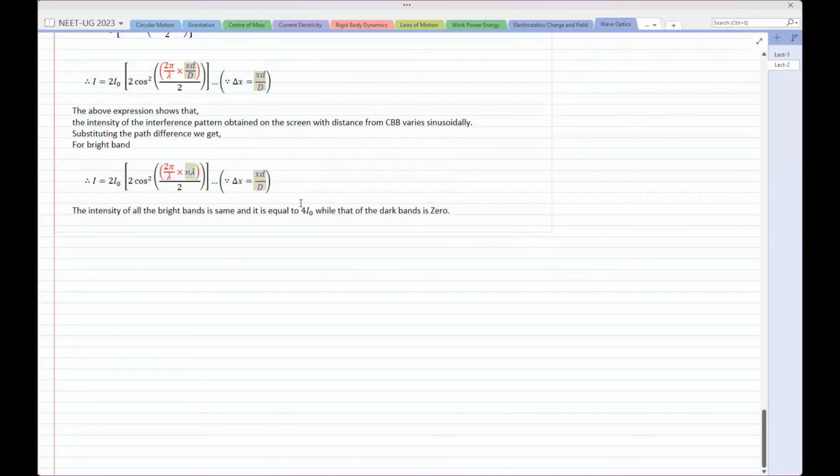Okay, so delta x is n lambda where n belongs to whole number, right? तो इसका आंसर क्या आएगा, this will be cos of 2n pi, correct? Now what is cos of 2n pi?